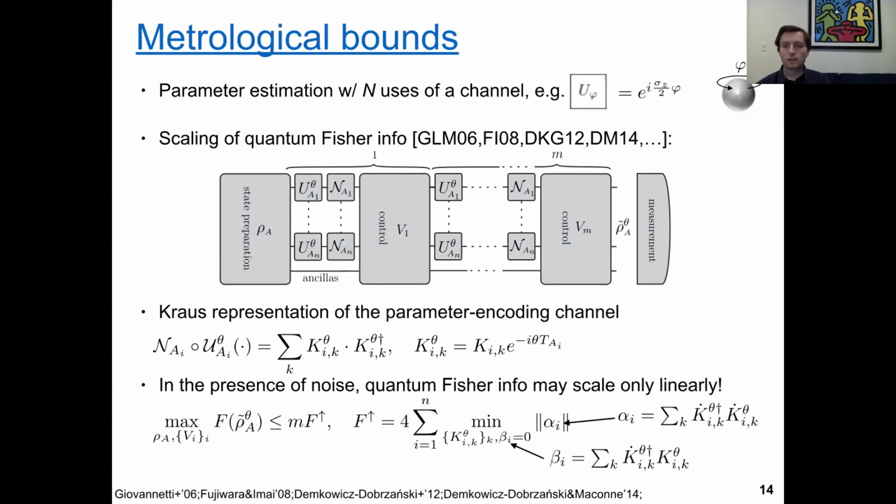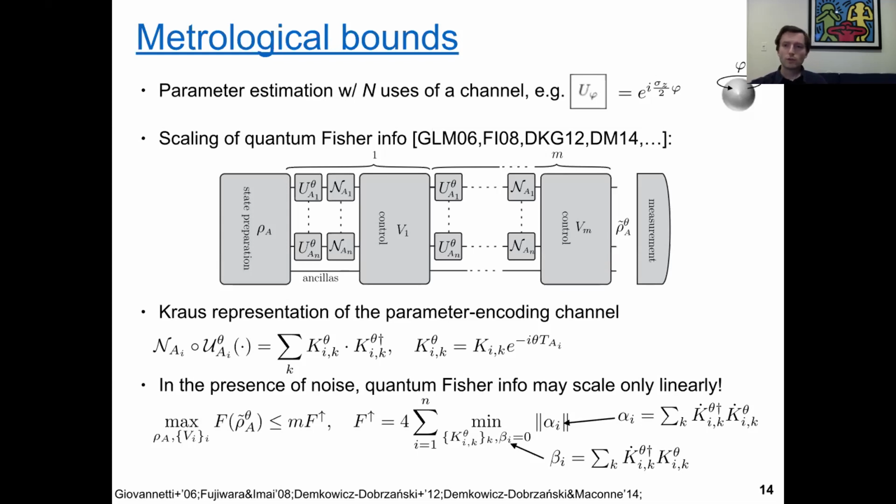If certain conditions are satisfied, then the quantum Fisher information will scale linearly with the number of channel uses. And this is where those quantum metrological bounds become quite powerful, and they will allow us to prove the Eastin-Knill theorem in this linear scaling regime.